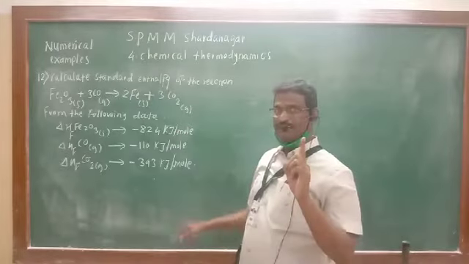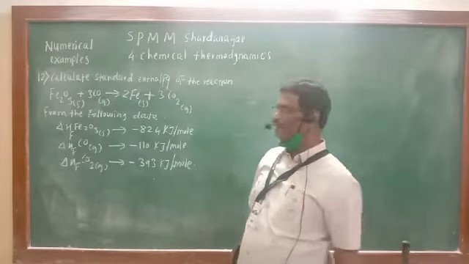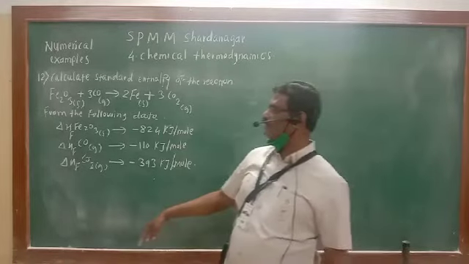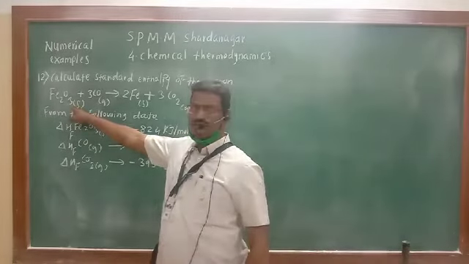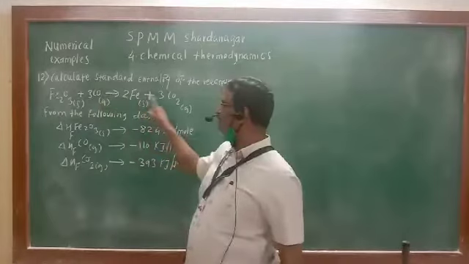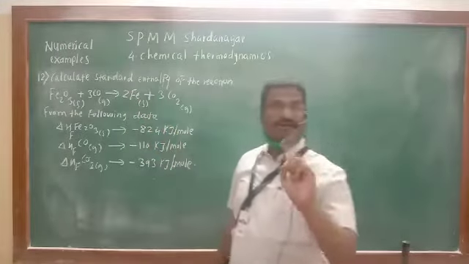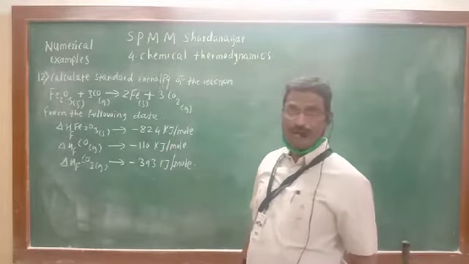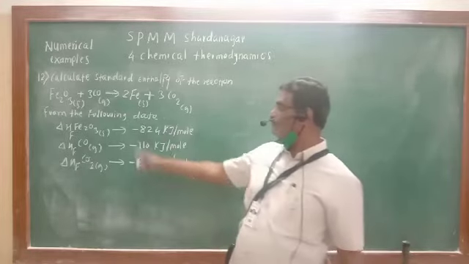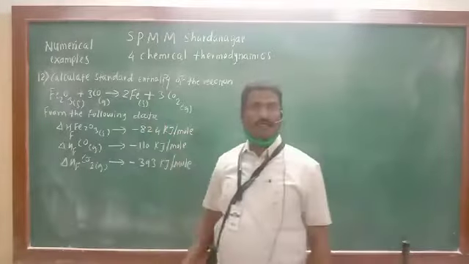See, one important thing here: the enthalpy of formation of Fe2O3 is given, CO is given, CO2 is also given, but Fe is not given. Why is the enthalpy of formation of Fe not given?